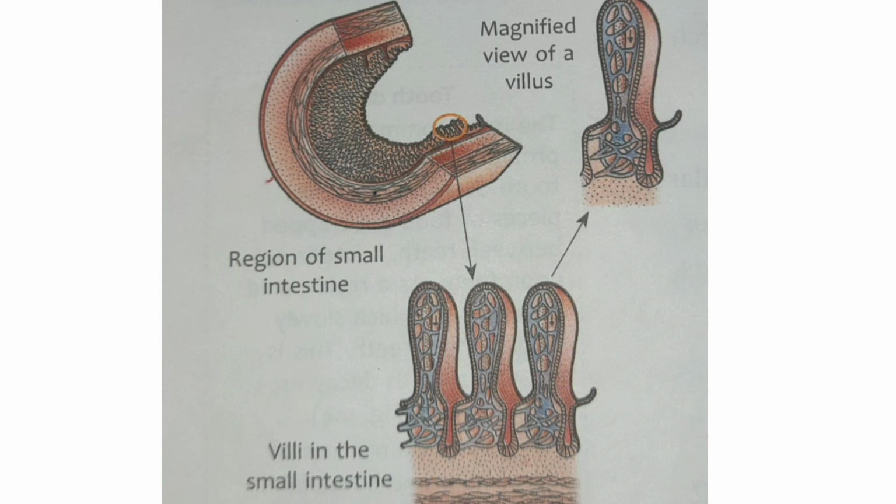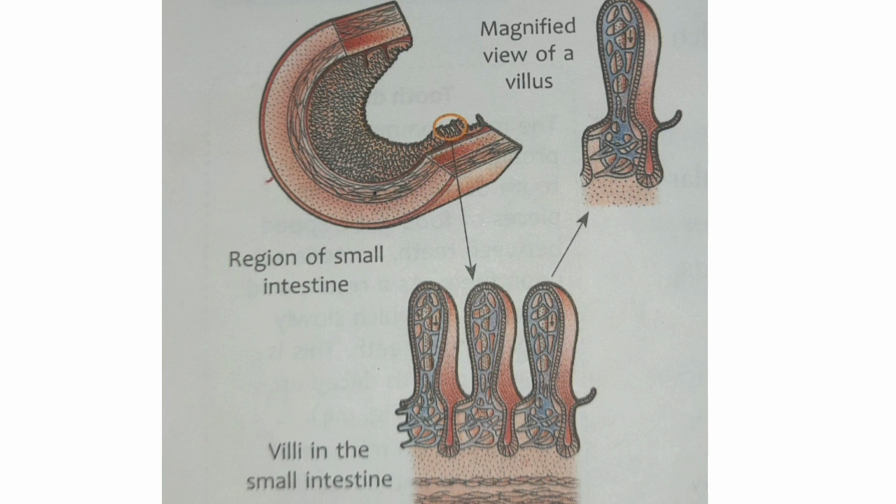It is divided mainly into three parts. The first or anterior part is called the duodenum. The middle part is called the jejunum, and the lower or posterior part is called the ileum. So these are the three parts lying in this area.